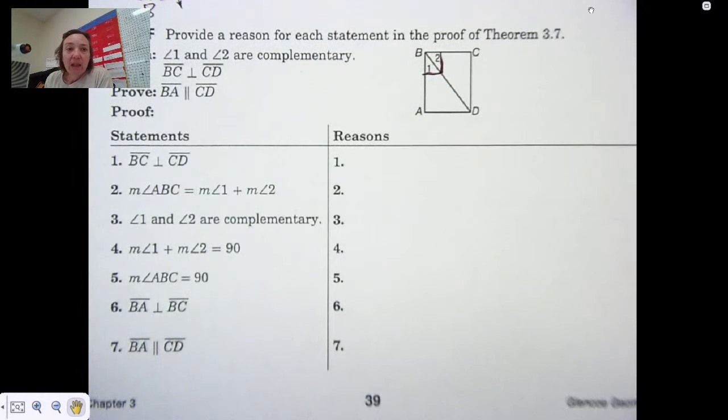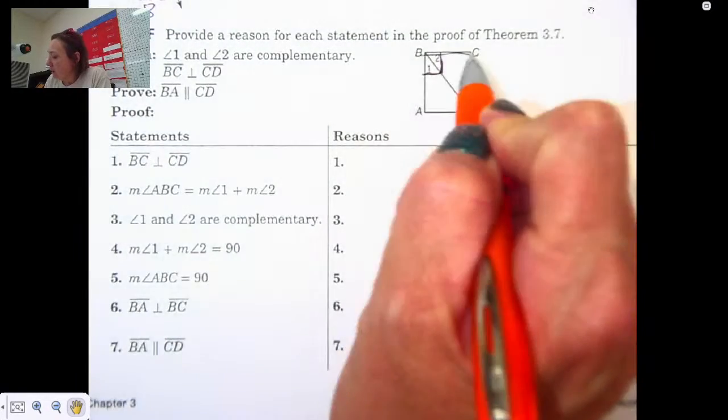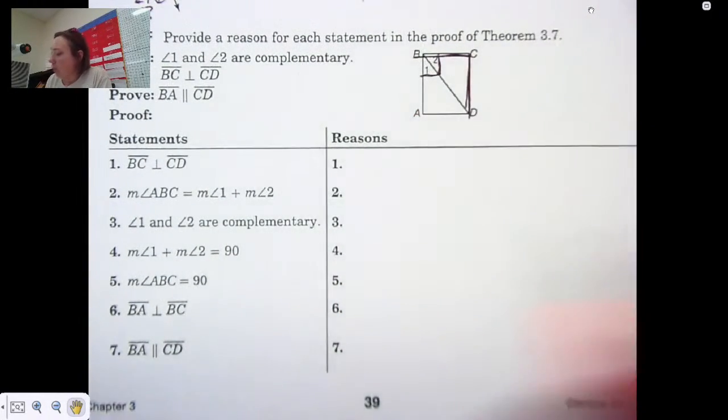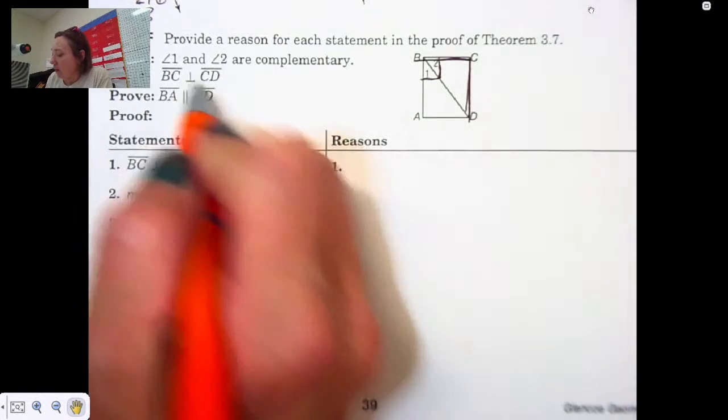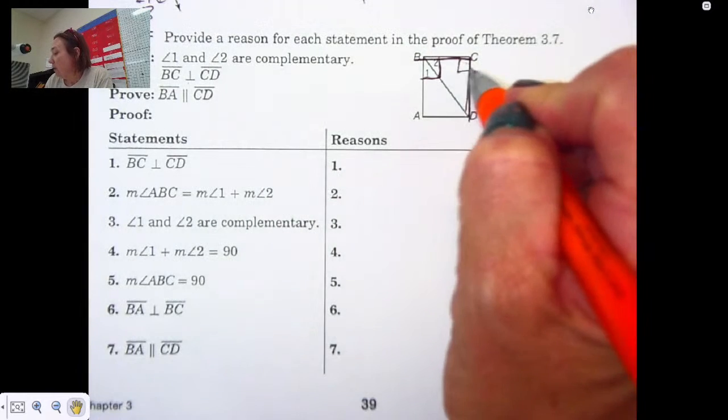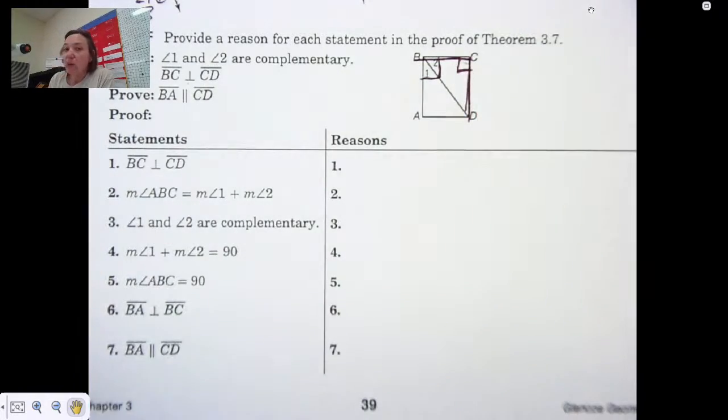And then they tell us that BC and CD are perpendicular. That's that symbol right there, the little T. What does that mean? They intersect at a 90-degree angle. That means this angle is 90 degrees also, right? We need to remember that because we're going to come back to it in a minute.